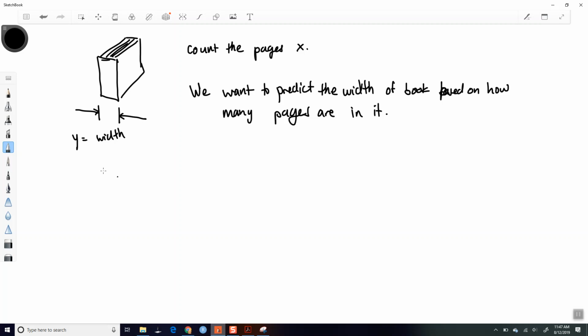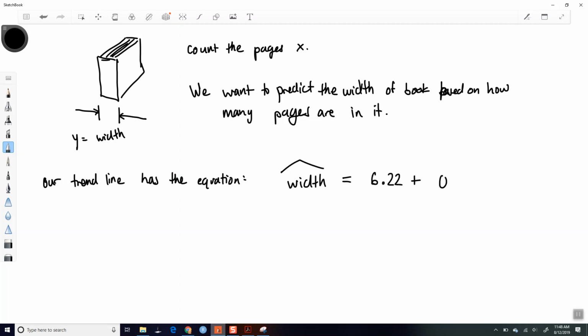And in our example, the work's already been done, and our trend line has the equation: width hat is equal to 6.22 plus 0.0366 times pages.